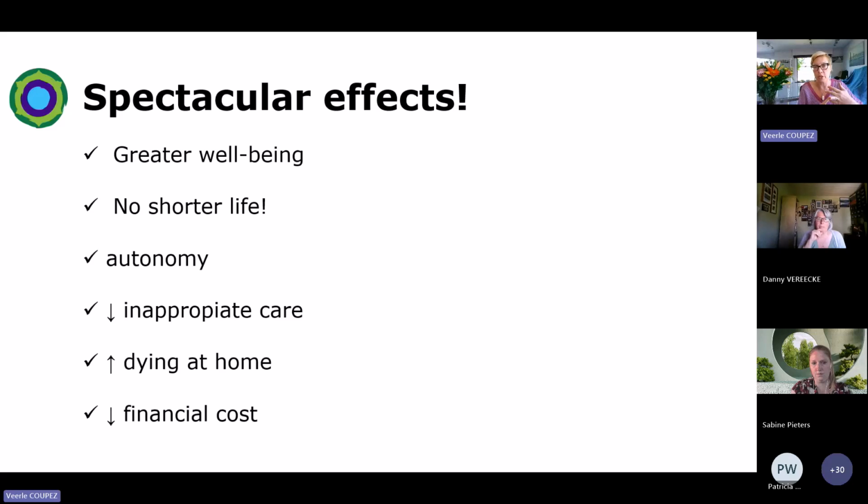Patients live just as long and sometimes even longer, the chance that they die where they want to die becomes a lot bigger, and it costs less. So there is no reason at all not to give palliative care, only the fact that a lot of caregivers are a little bit scared to talk about it.